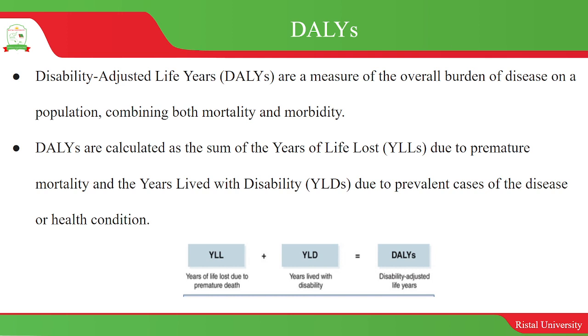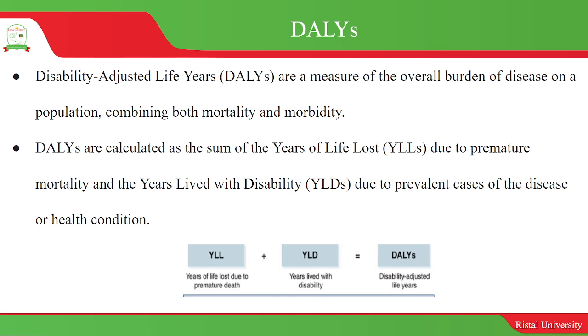You add two things: the years lived with disability and the years lost due to premature death. So that's basically the formula for calculating disability adjusted life years.